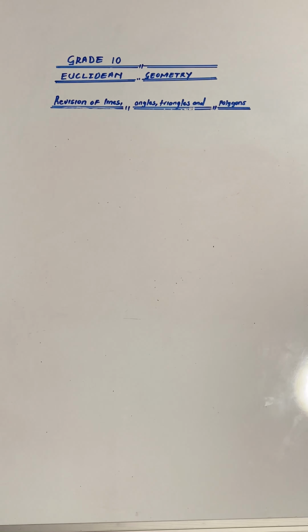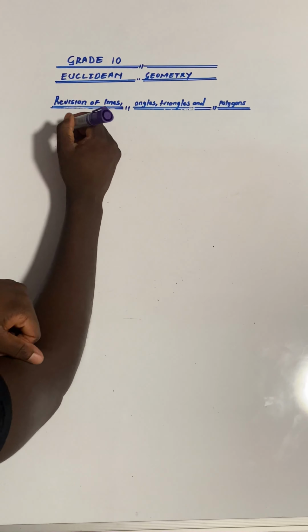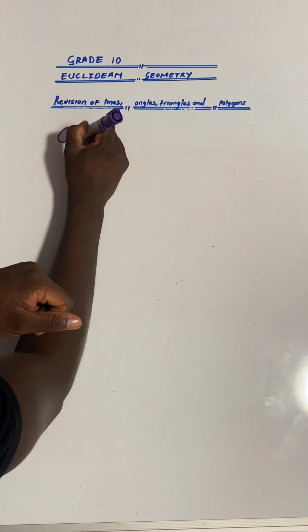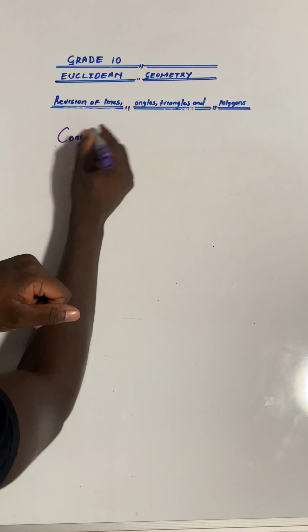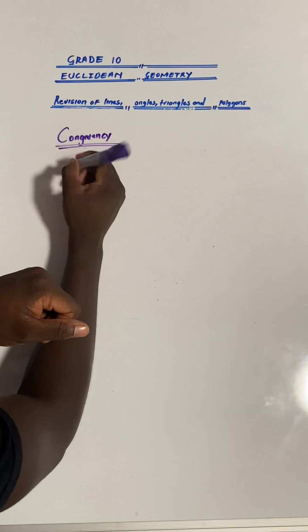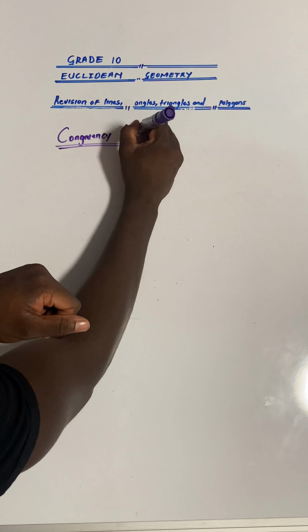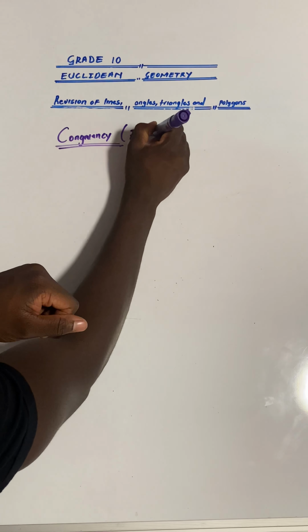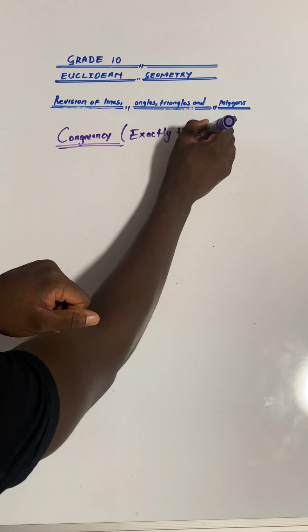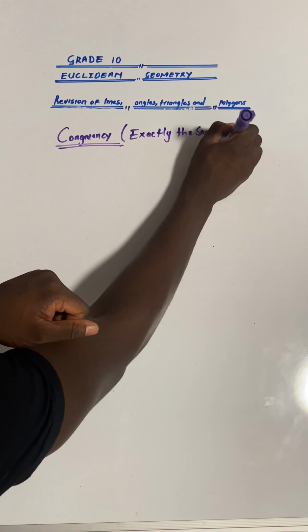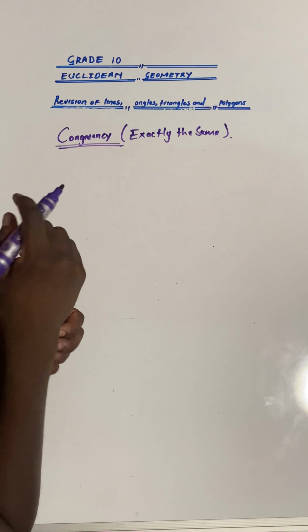So now we want to deal with congruency and similarity. Now let us start off with congruency. What does congruency mean? Congruency simply means exactly the same. Right, so that is how I'd want you to understand this concept of congruency.